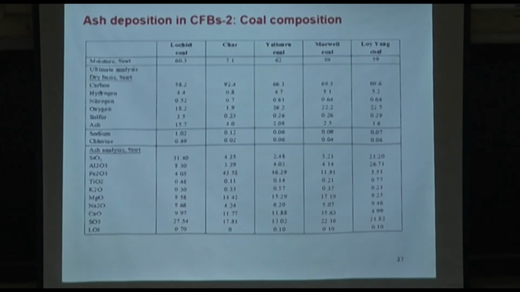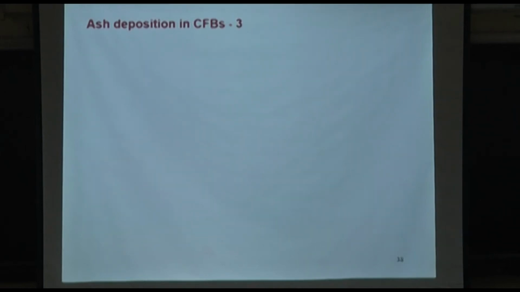So we decided our one objective was to see how its combustion performance is in the fluidized bed, whether it results in any unburnt carbon or not, and also whether there are any deposition problems, slagging, fouling, etc. Slagging is unlikely. If so, how severe is the problem? All sorts of things.